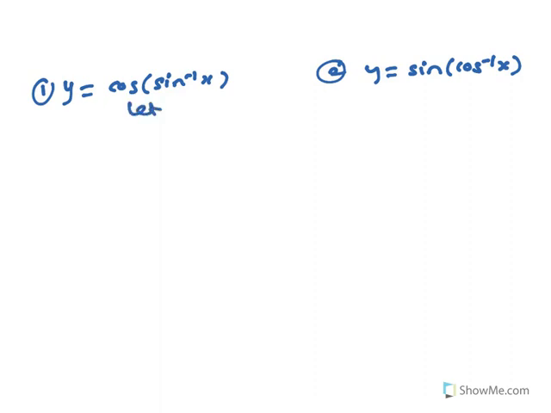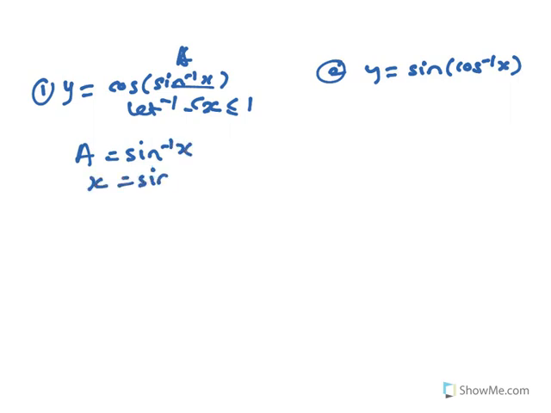Alright, so with this one here, the restriction on the x is in between 1 and -1, because it's a sine the -1 graph. So if you let a equal sine the -1 of x, then x equals sine a, and so that's y equals cos of a.